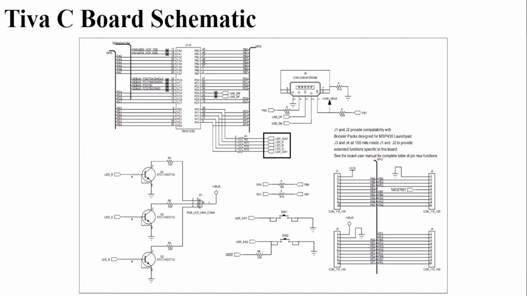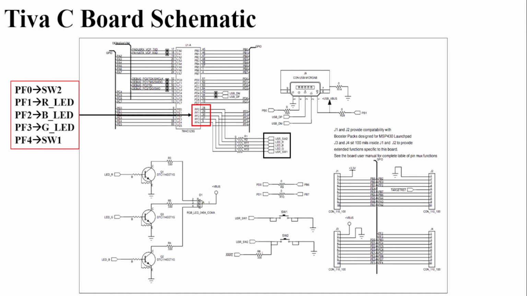Now let us briefly look at the schematic and try to understand which pins to be used for this particular project. So the Tiva C board by default provides you two switches, SW1 and SW2, which are connected to port F0 pin and port F4 pin.